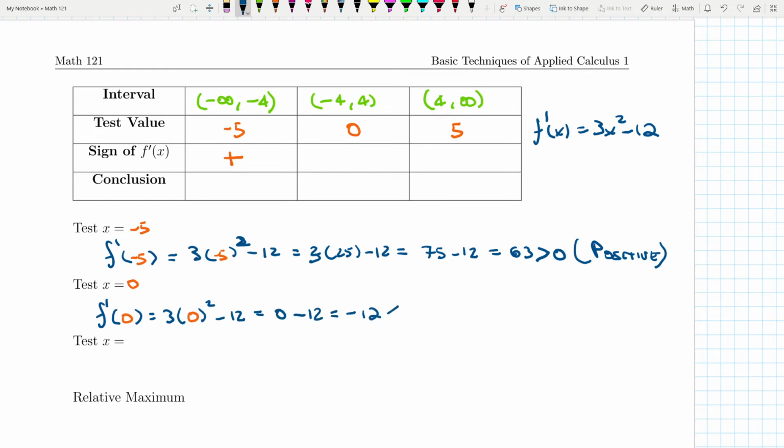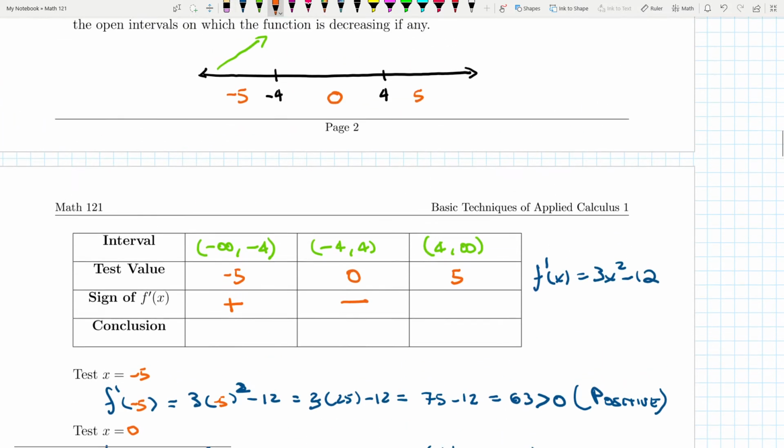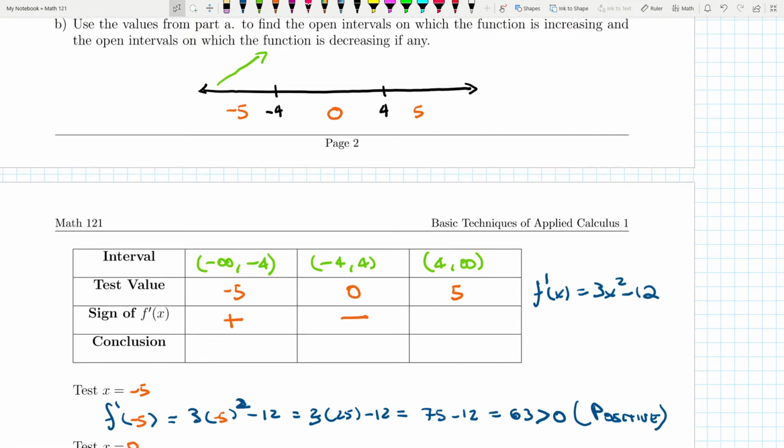In this case, we have a negative number, that is less than 0, negative. And let's mark that on the table. The sign is negative. That means that the original function is decreasing on this interval.